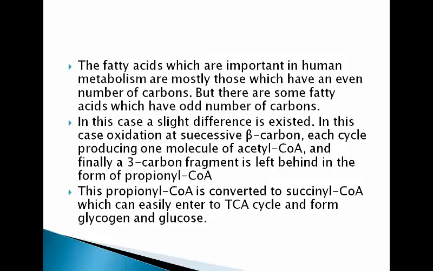And the fatty acids with an even number of carbons are important in human metabolism, but there are some fatty acids which have an odd number of carbons. So there is a slight difference in their oxidation.